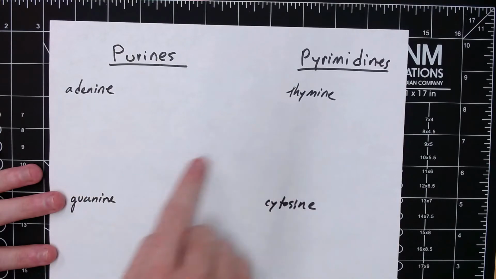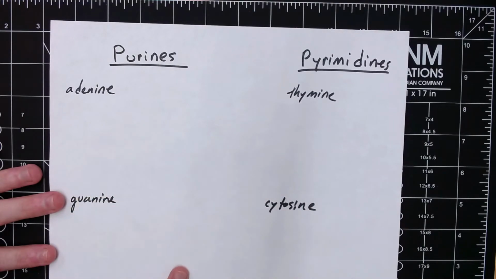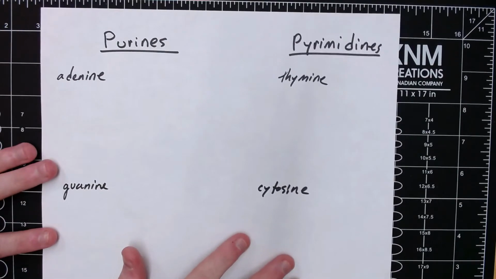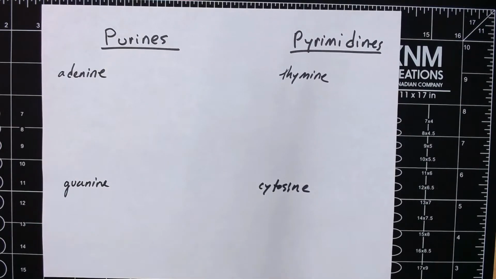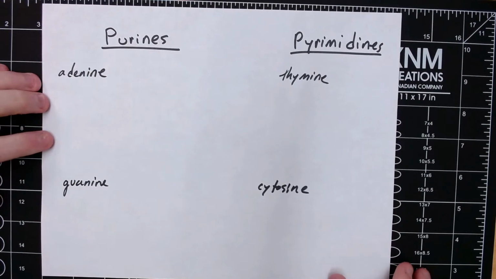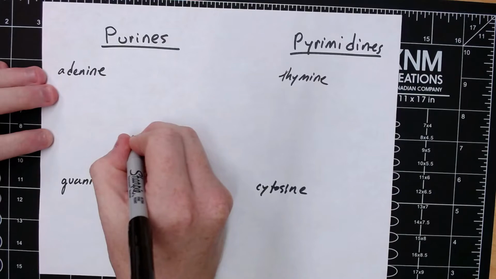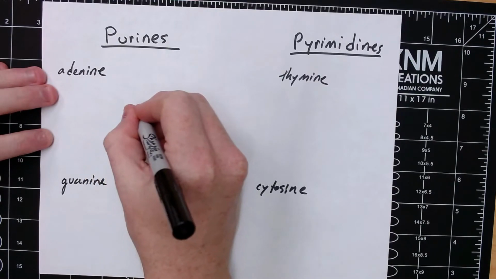And what we're going to actually do when we draw them, to help us memorize the corresponding Watson-Crick-Franklin base pairing, is draw them side by side so that we can actually see those hydrogen bonds form. And that will be helpful to internalizing these structures.